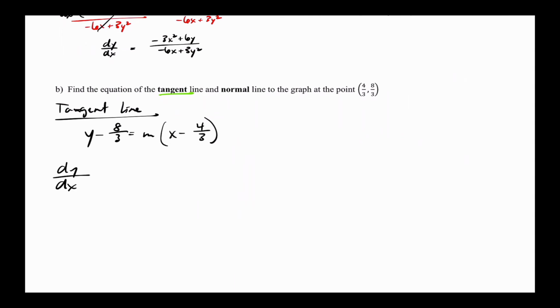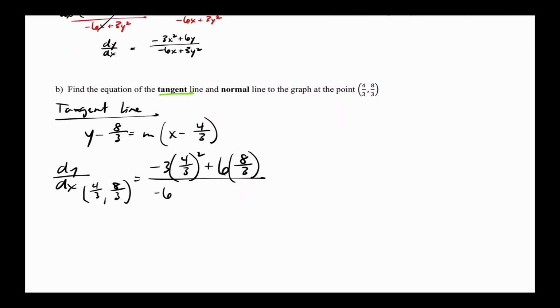So dy dx at 4/3, 8/3 is going to be negative 3 times 4/3 squared plus 6 times 8/3, over negative 6 times 4/3 plus 3 times 8/3 squared.